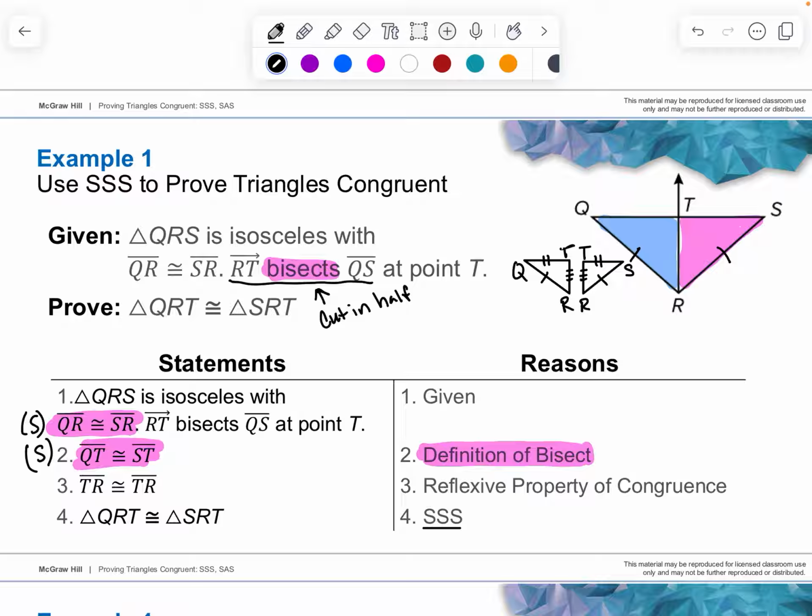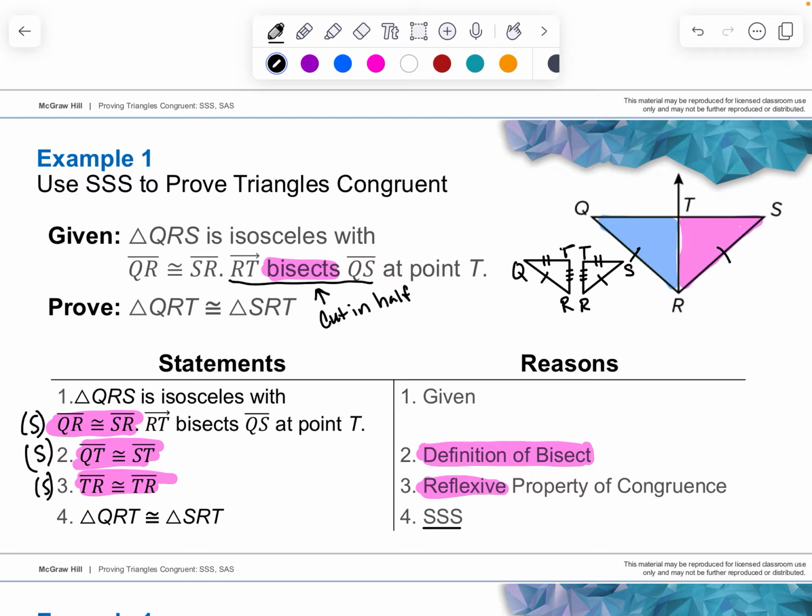Now we need our third side. TR equals TR. Oh, there it is. There's my third side. And this one, we've talked about this rule, but we have not used it yet. We finally get to use it. Reflexive. That one is the looking in the mirror one.